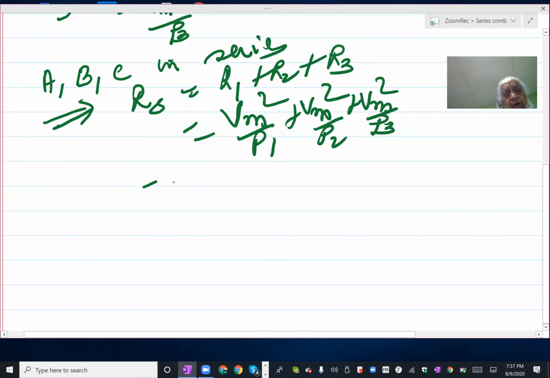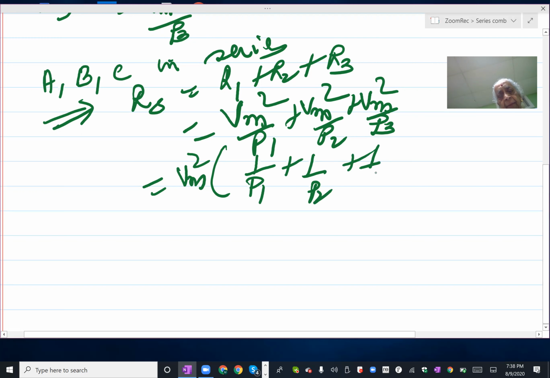Here Vm squared can be taken out commonly. Inside it will be 1 by P1 plus 1 by P2 plus 1 by P3. This is my R of the series resistance, effective resistance of the series combination.